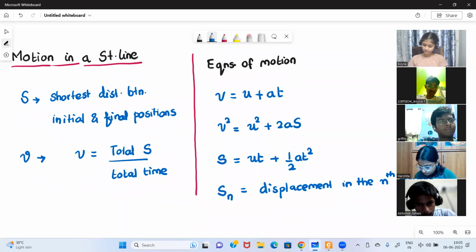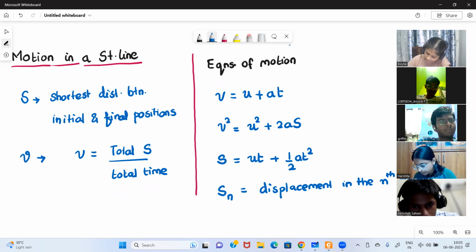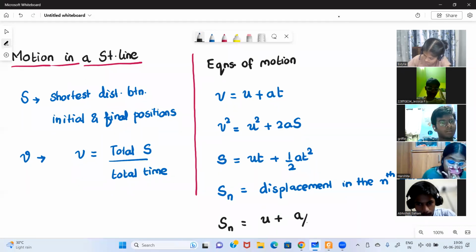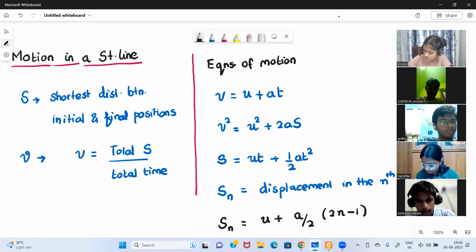Anybody remembers? Sn is equal to u plus a by 2 into (2n minus 1). All right. So these are the equations of motion.